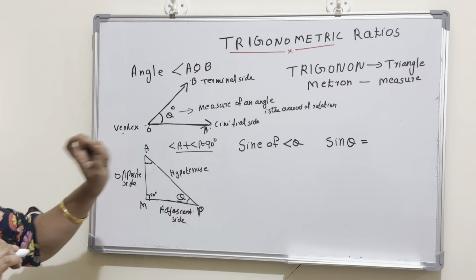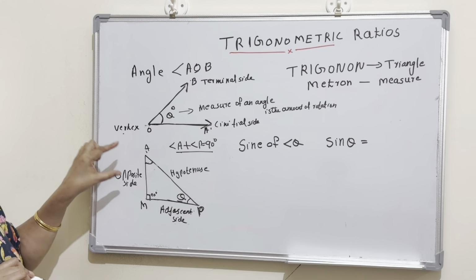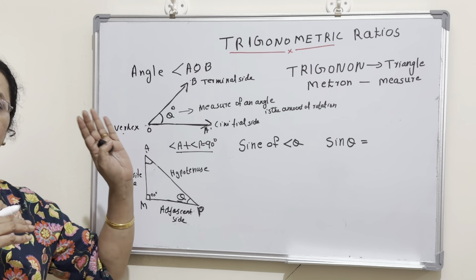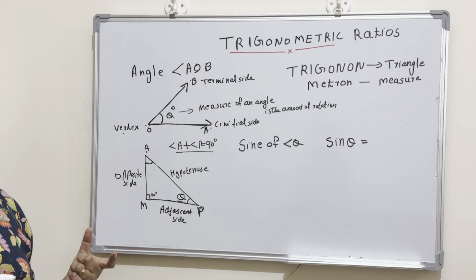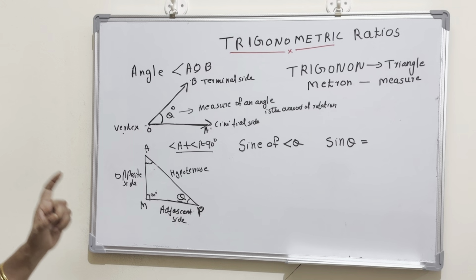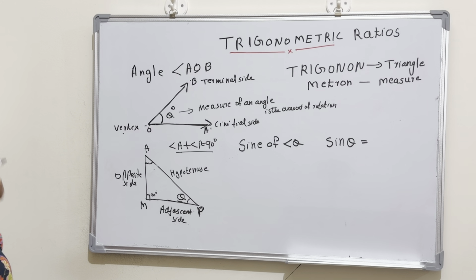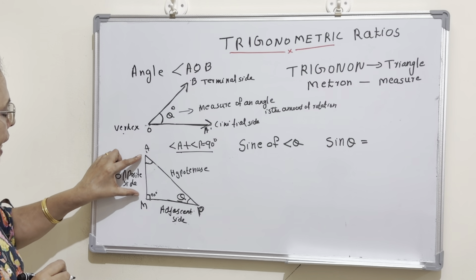But when you take the sine of the angle, we are considering this angle measurement and equating it with the ratio of the sides. So, sine of angle theta means it is the ratio of the opposite side to the hypotenuse. What do you mean by opposite side?